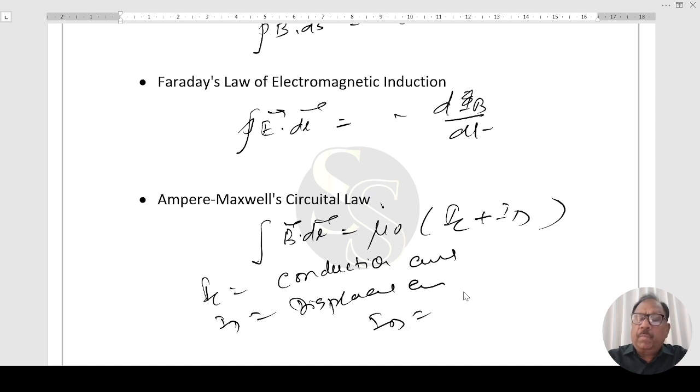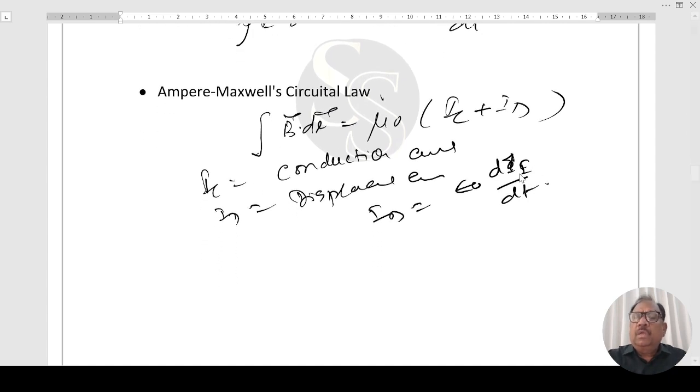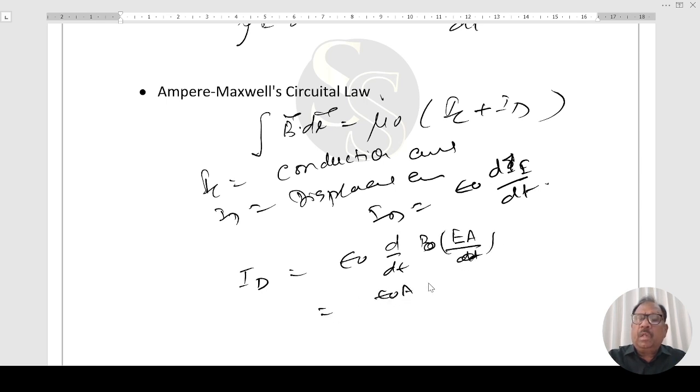And I_D is defined as epsilon naught d phi E over dt. It can also be represented as I_D equals epsilon naught d/dt of phi E, that is, E dot A. That is epsilon naught A dE/dt.